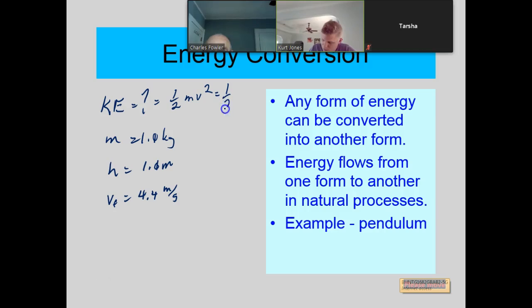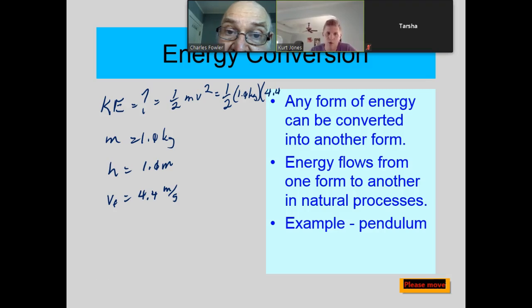So it would be 1/2 times the mass, which is 1.0 kilograms, times velocity squared, 4.4. Now, does anyone remember any more digits that were on that? I thought someone said 4.42. Was that right? Yeah, it was like 4.427. Okay.